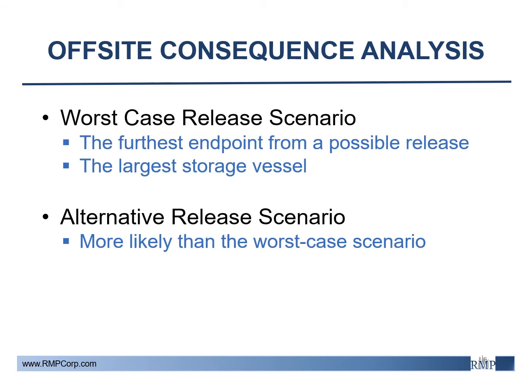The two types of modeling that are done on hazard assessments are worst-case release scenarios, which dictate the furthest endpoint from a possible release and are modeled off of the largest storage vessel, and alternative release scenarios, which are more likely than worst-case scenarios to occur.